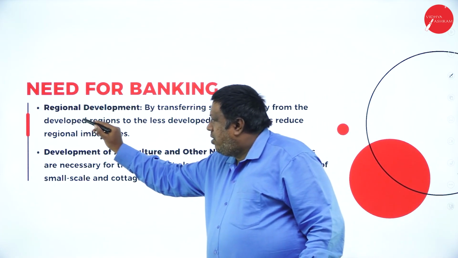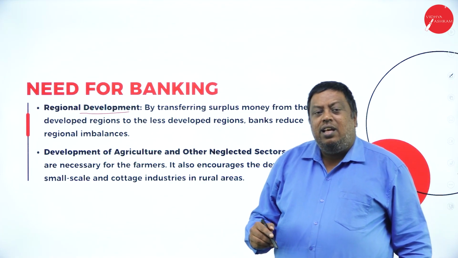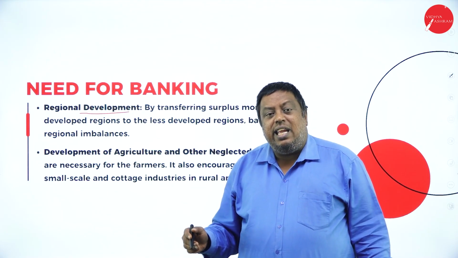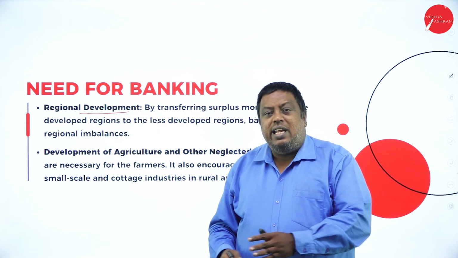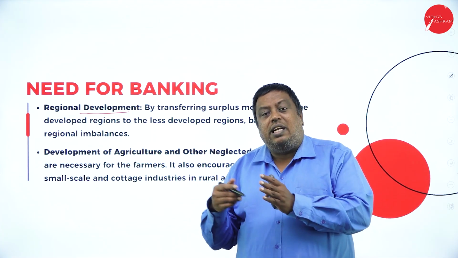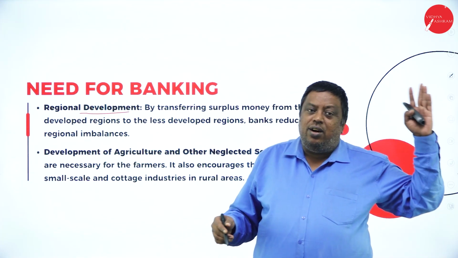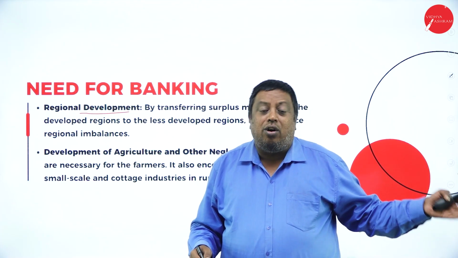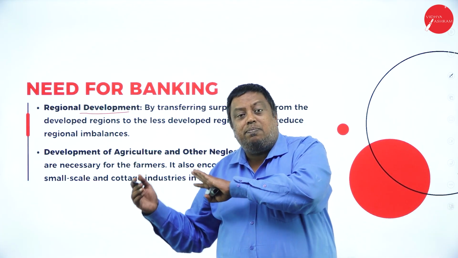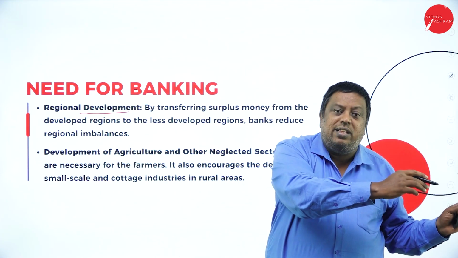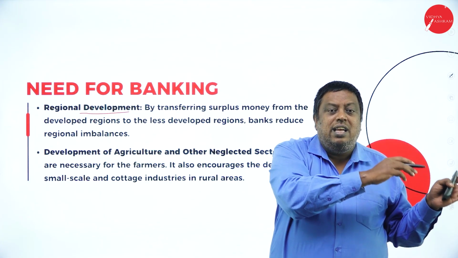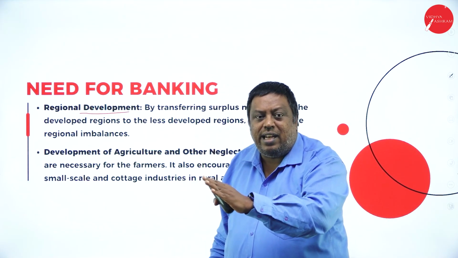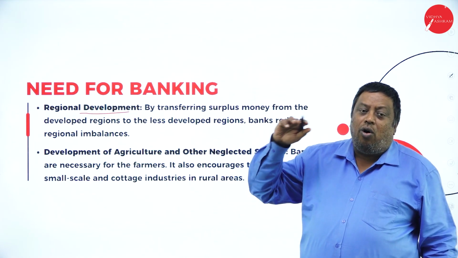Need for banking, regional development. They're saying that even the funds collected by the banks in one region, like in one particular area, if we are developing, and the other area of the state or region is underdeveloped or not developed, for them these banks were supporting funds in such a way as to balance the imbalance, to help them grow and have a balanced state in all the regions.